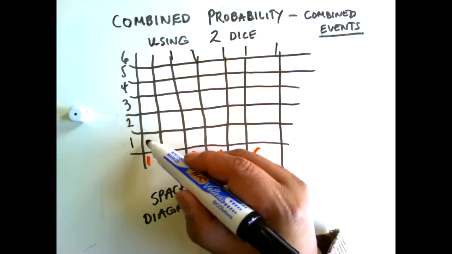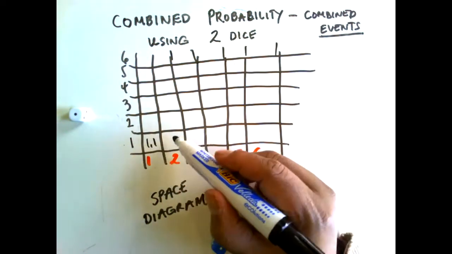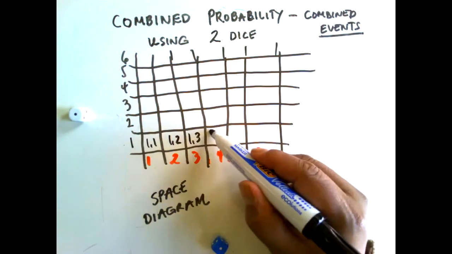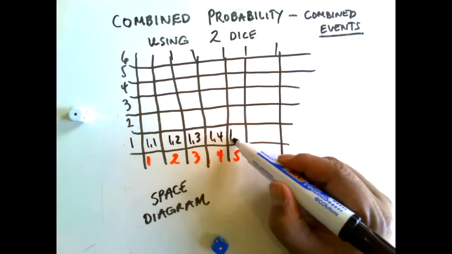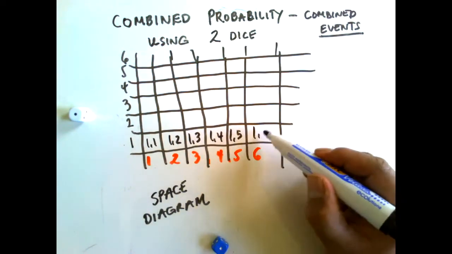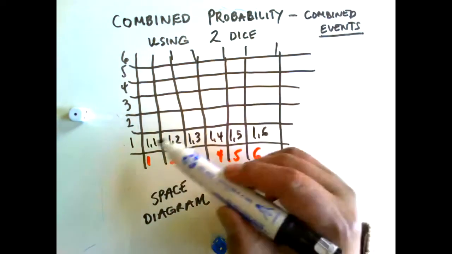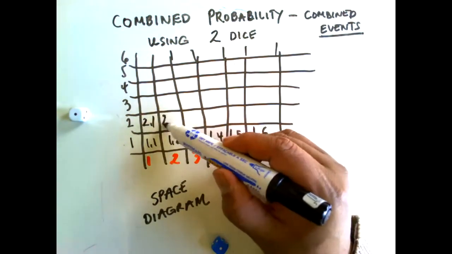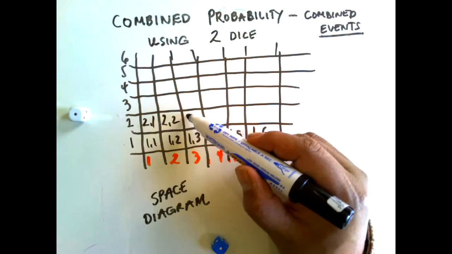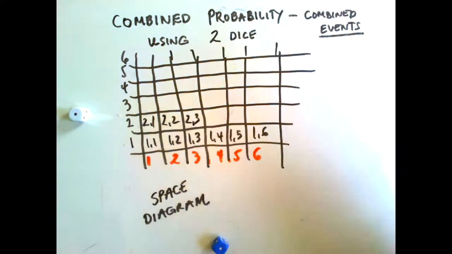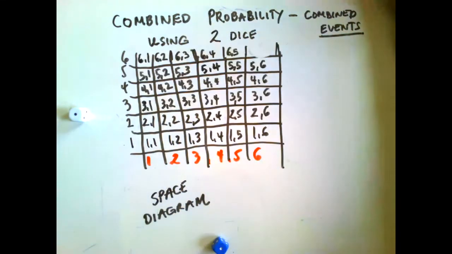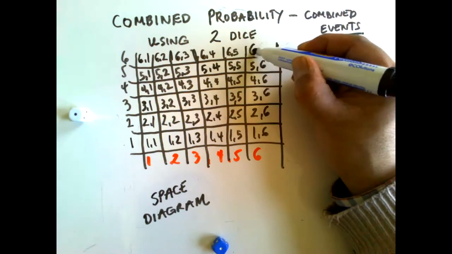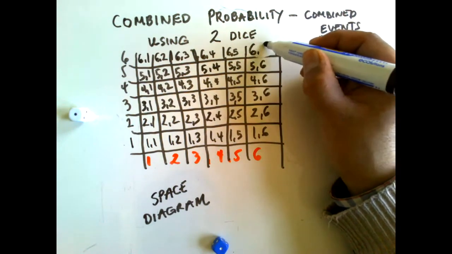It could be a 1 and a 1, 1 and a 2, and you fill this all the way up. This one would be 2 and a 1, 2 and a 2, and so on and so forth. And so here we have the last bit.